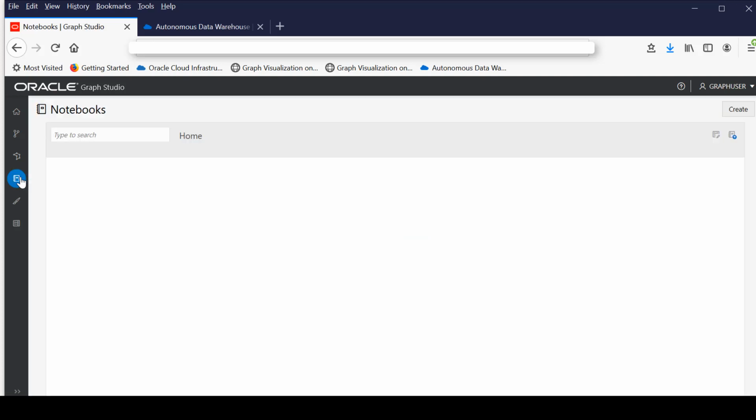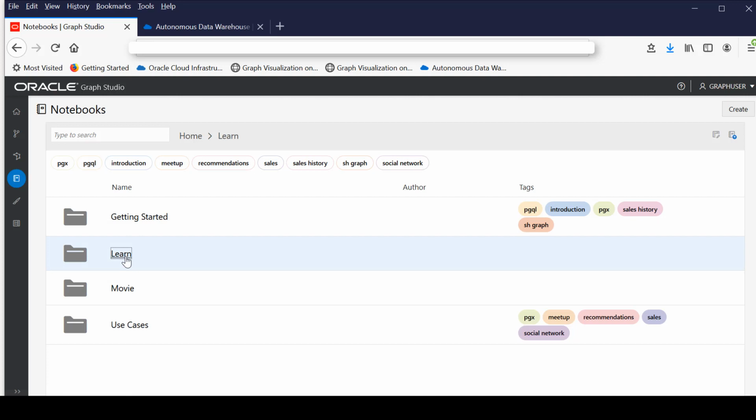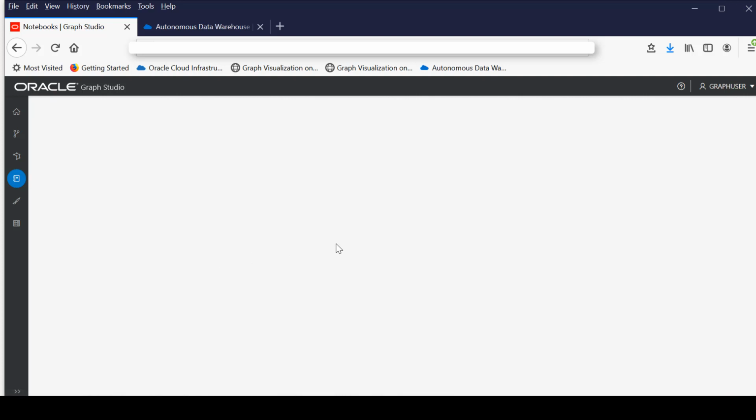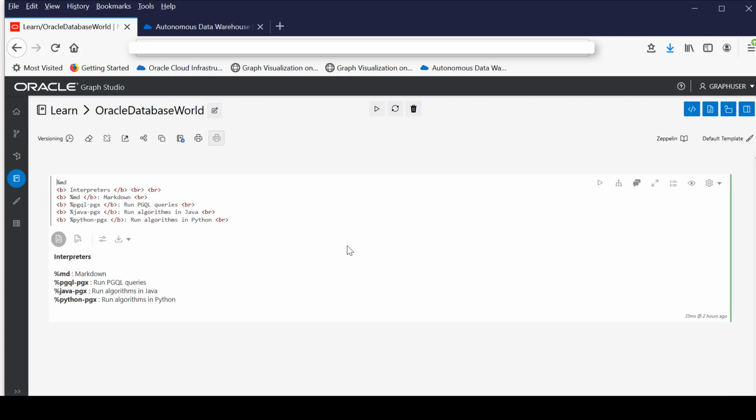I'm going to go into notebooks and open up this Oracle database notebook and start running some graph queries. We have 4 interpreters that you can use with the Graph Studio notebook: the Markdown interpreter, the interpreter to run PGQL, the property graph query language, queries, and interpreters to run algorithms in Java and in Python.